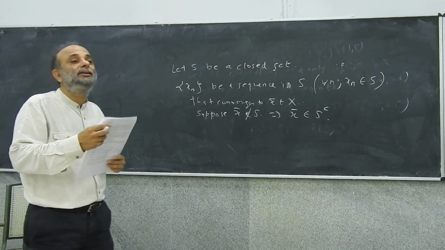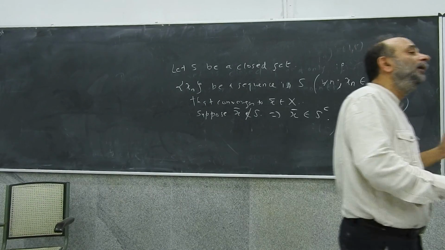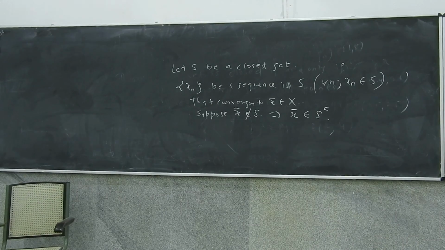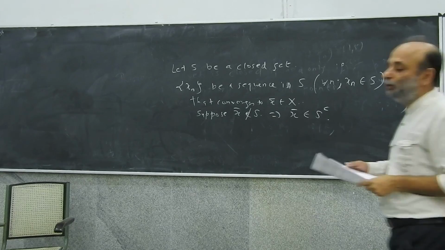What we have shown here is, if S is closed, it will contain all its limit points. We have to show the reverse. If S contains all its limit points, it will necessarily be a closed set.